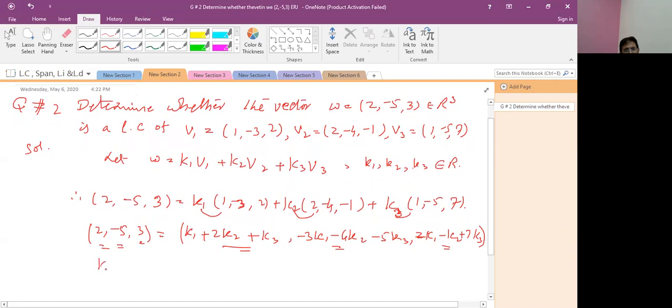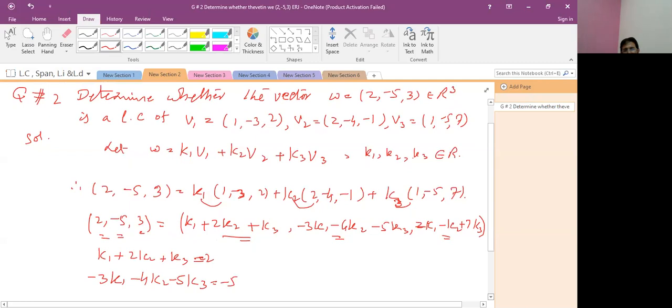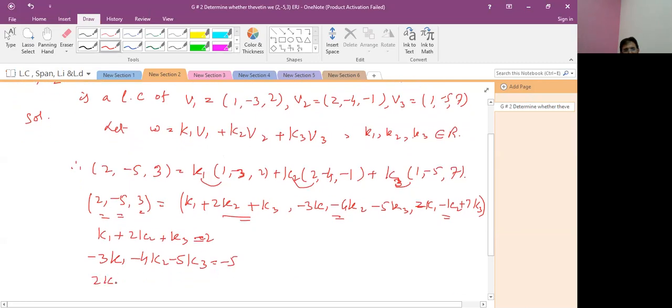K1 plus 2K2 plus K3 equals 2; minus 3K1 minus 4K2 minus 5K3 equals minus 5; and the last equation is 2 times of K1 minus K2 plus 7 times of K3, which is equal to 3. So we write these three equations as 1, 2 and 3.